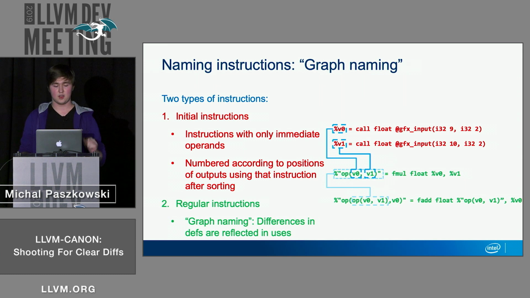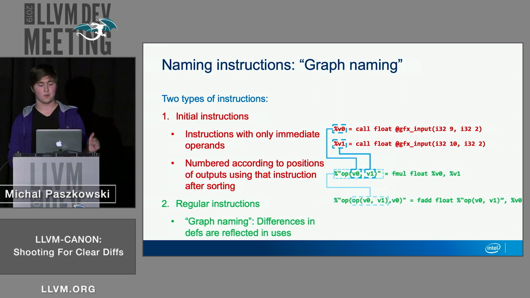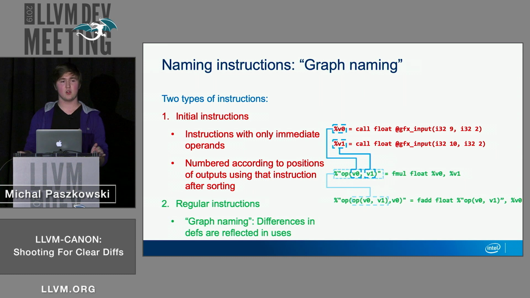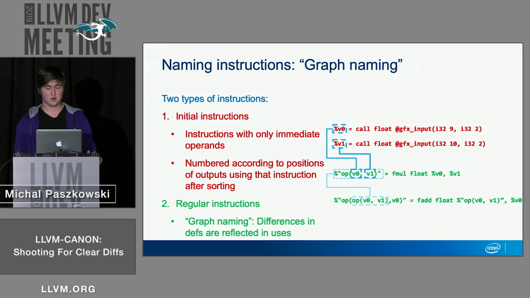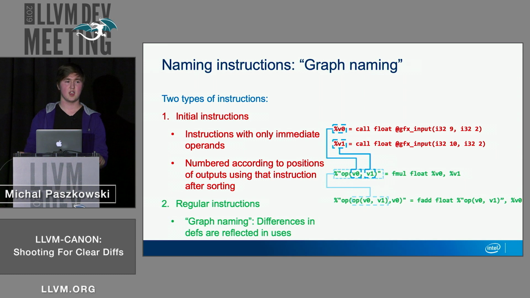In case of initial instructions, we first collect all of the initial instructions, and then we collect all of the outputs, so all of the side-effecting instructions which use the given initial instruction. Then we take the positions of those side-effecting instructions into consideration to sort the initial instructions, and then we number all of the initial instructions.